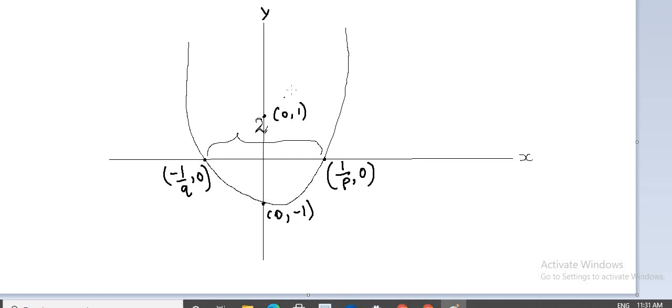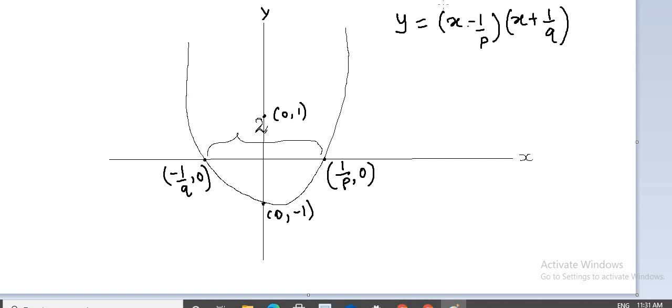Now this point 0 comma minus 1 will lie on the curve y is equal to (x minus 1 by p) into (x plus 1 by q), so definitely this point will satisfy this curve.